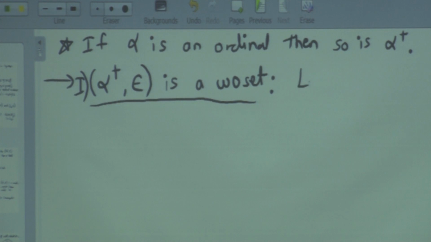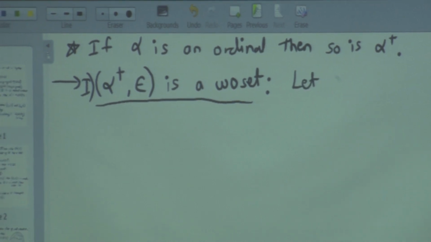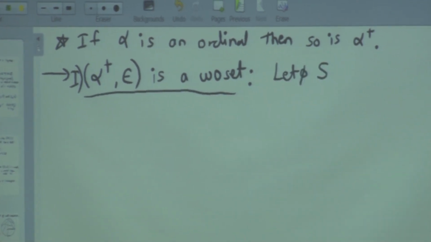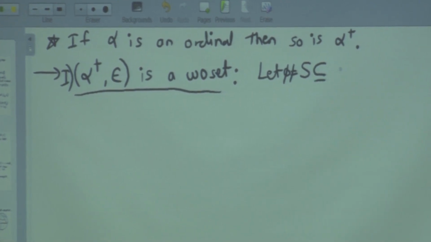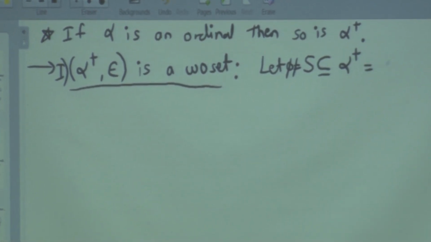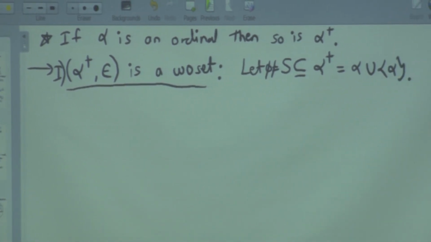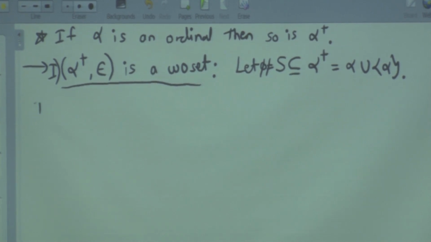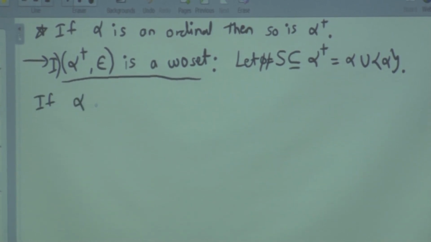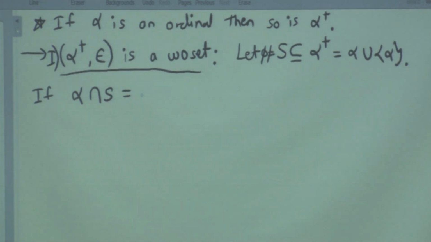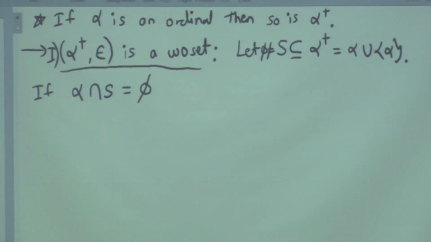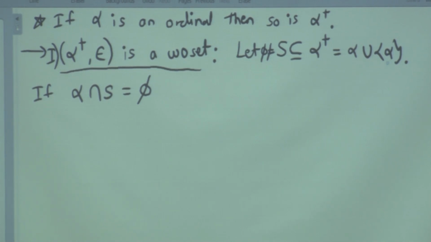So let S be a non-empty subset of alpha plus, which is alpha union singleton alpha. So S can intersect alpha or not. If alpha intersection S is empty, then what will happen?